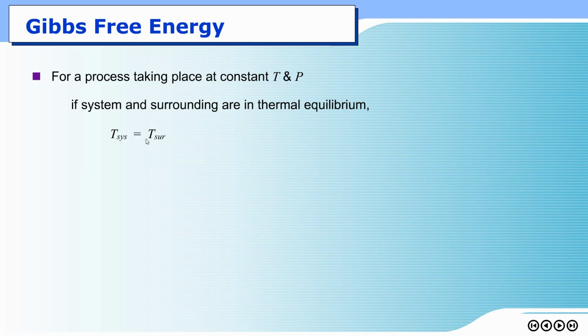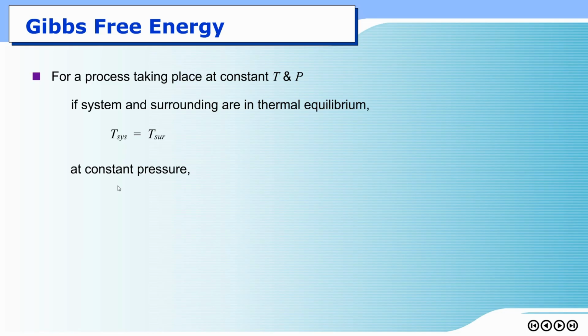So they are in thermal equilibrium all the way. And in addition to this, we assume that the temperature of the system must be constant, so that means the temperature of both system and surroundings are constant as well.